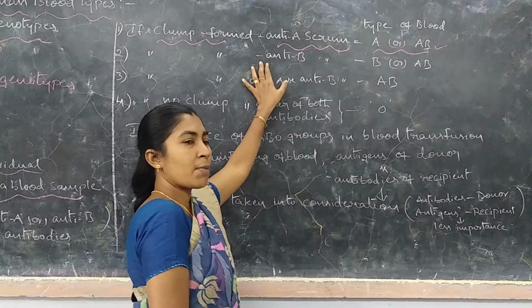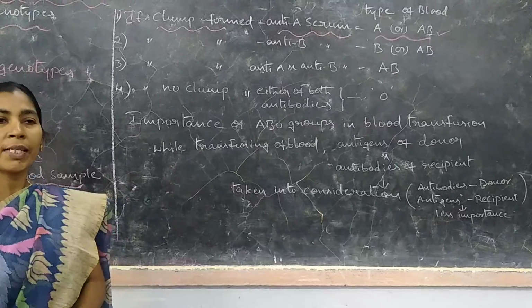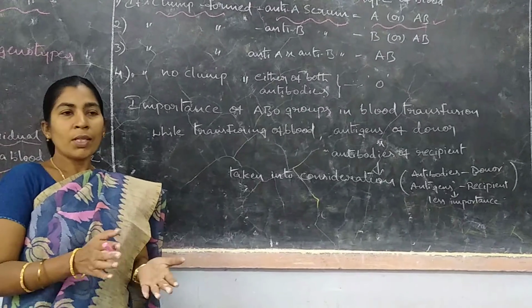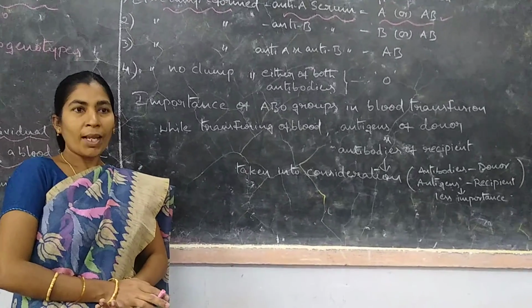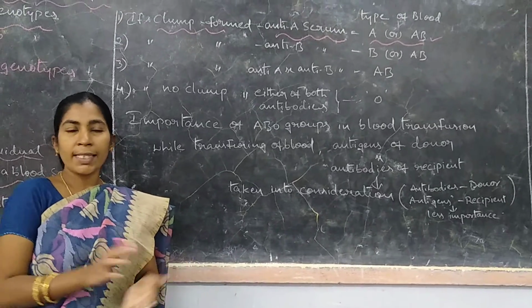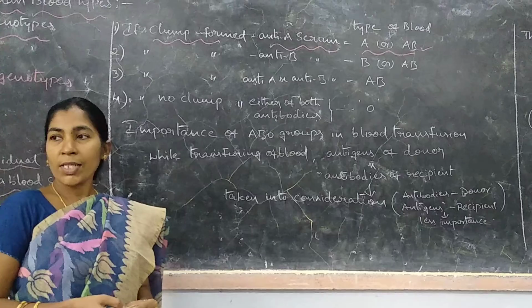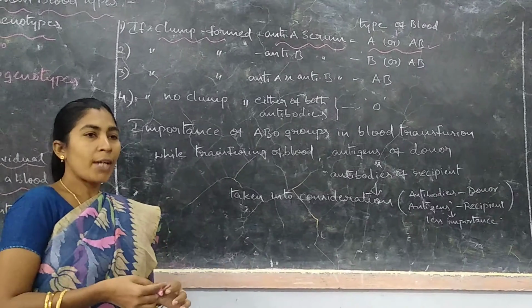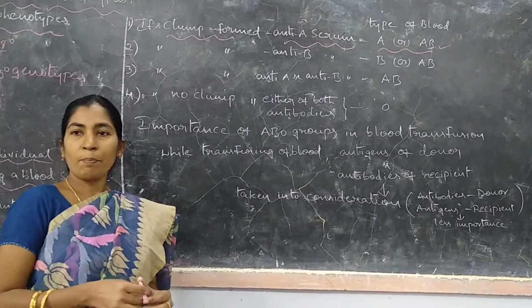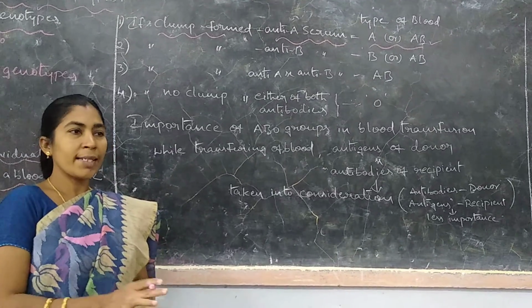If a clump is formed, clump means a group, like a group of trees. That means a group of cells at one region. We can also observe a forest region or any place where a group of trees is collectively present at one region.